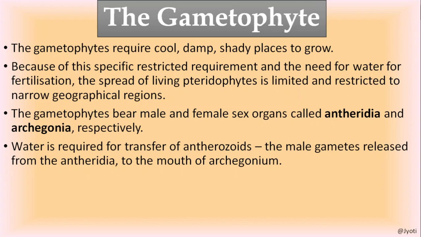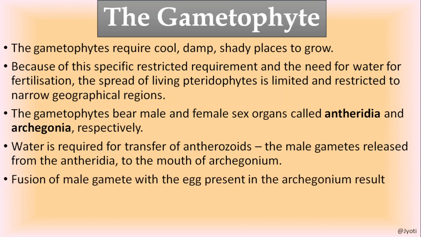Those gametophytes which develop in cool, damp, and shady places require water for the transfer of the antherozoids. The male gametes are produced from the antheridia, they are called antherozoids, and then they move to the mouth of the archegonium.